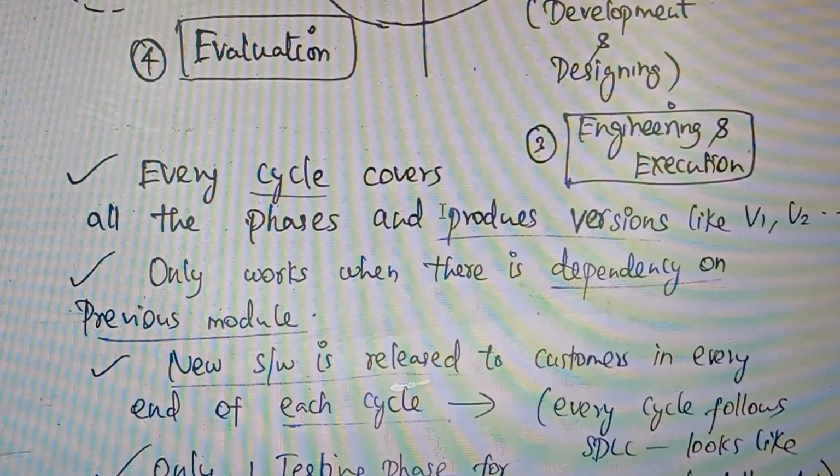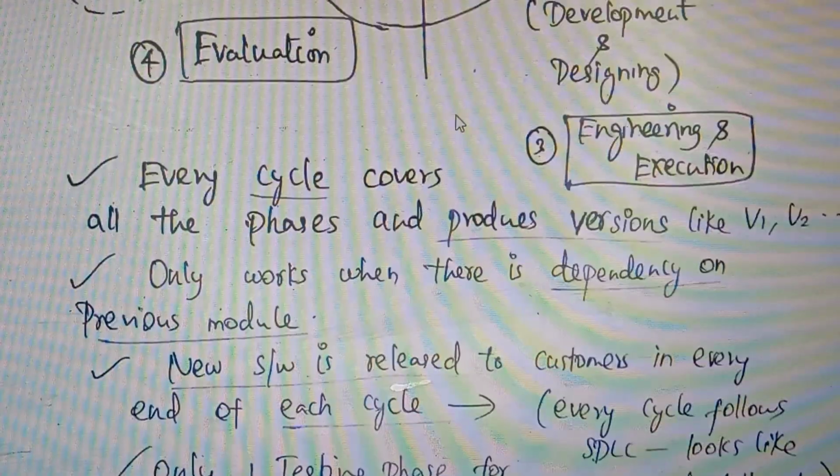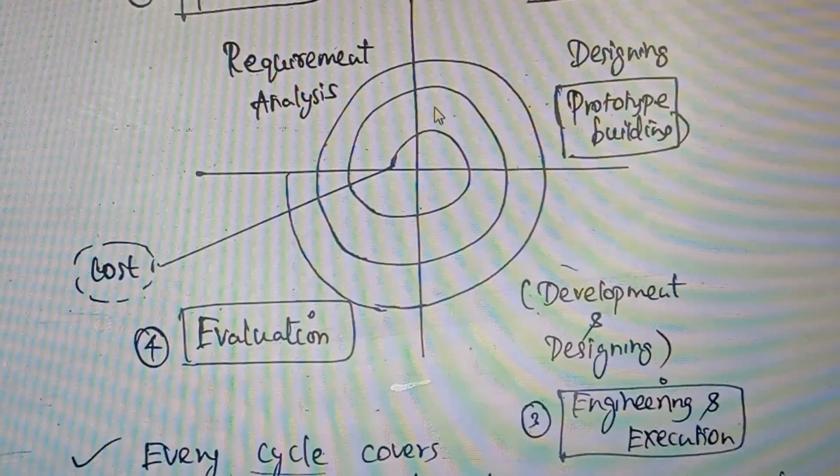So every iteration will cover all four phases, which means it is one cycle. So if there is any error or any requirement needs to be changed, then after completion of the entire phase, we need to add the iteration based on that.